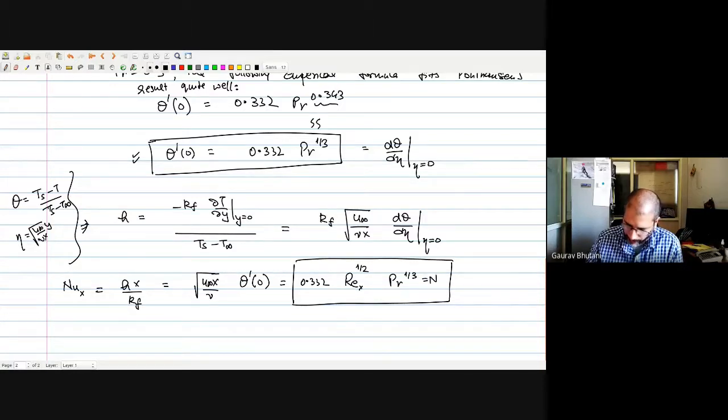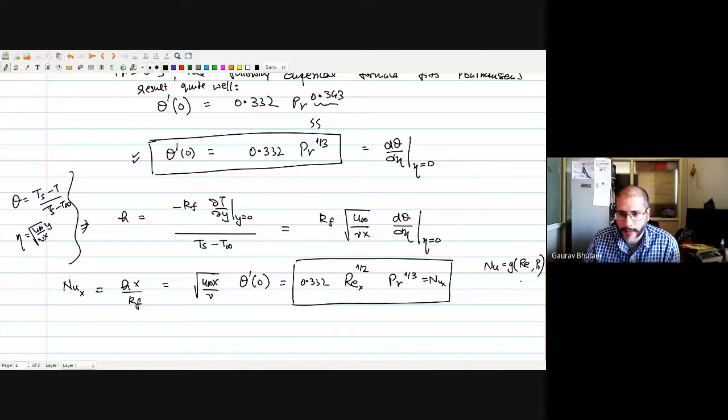For Nusselt number x, this tells us that, remember, in the last lecture we said that from the non-dimensional analysis, the local Nusselt number is some function g of the Reynolds number and Prandtl number.